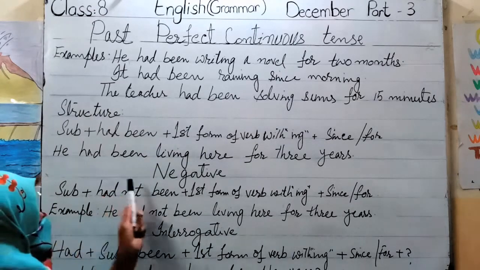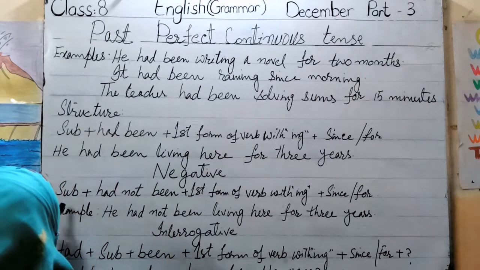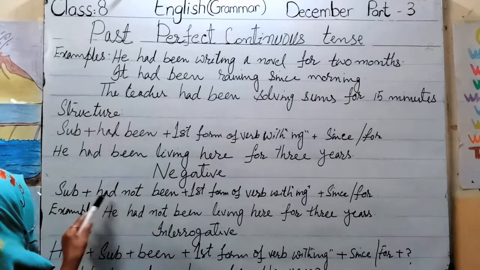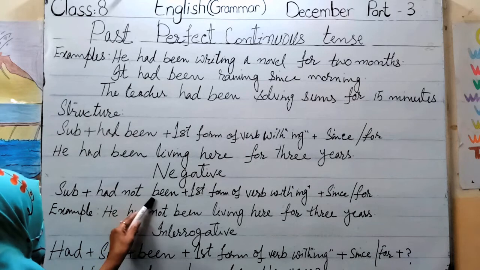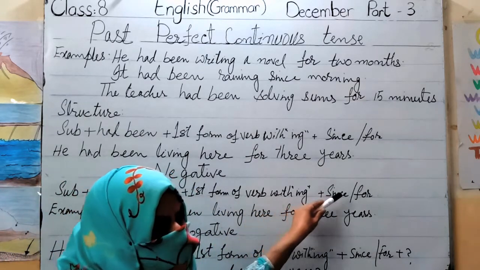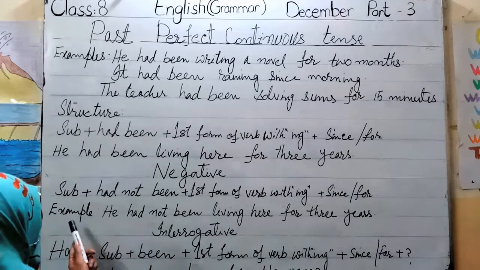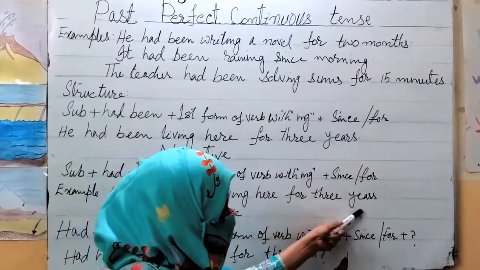How will you make negative of this tense? Subject had not been. You will use not in between had been, that is had not been, first form of verb with ing, then since or for. He had not been living here for 3 years.